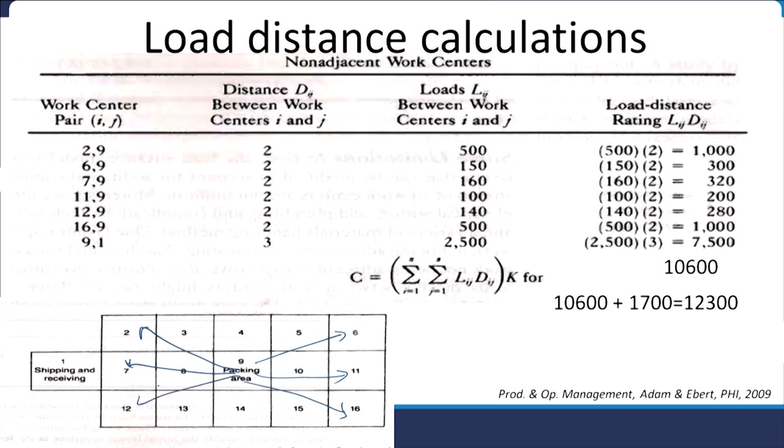Again, we consider the movement from 2 to 9, 6 to 9, 7 to 9, 11 to 9, 12 to 9, 16 to 9 and 9 to 1. 9 to 1 movement is also a non-adjacent work center movement. In the case of 9 to 1, the distance to be travelled is 3, while in all other cases the distance to be travelled is 2 only, like 9 to 16, 9 to 11, 9 to 6, 9 to 2, 9 to 7 or 9 to 12.